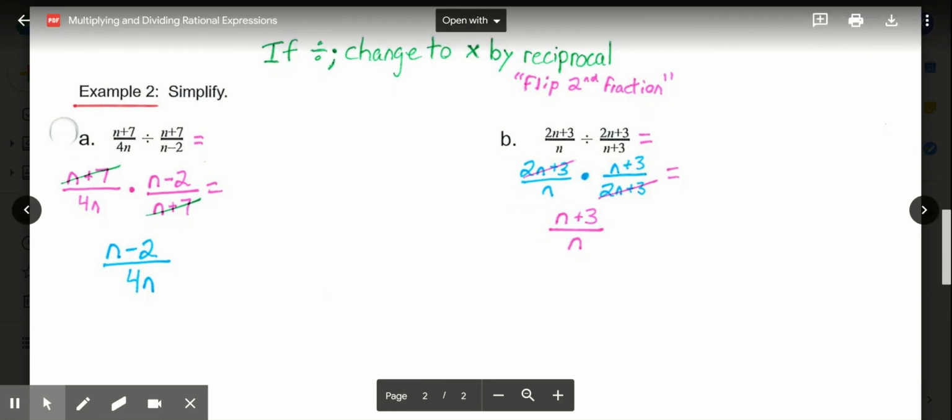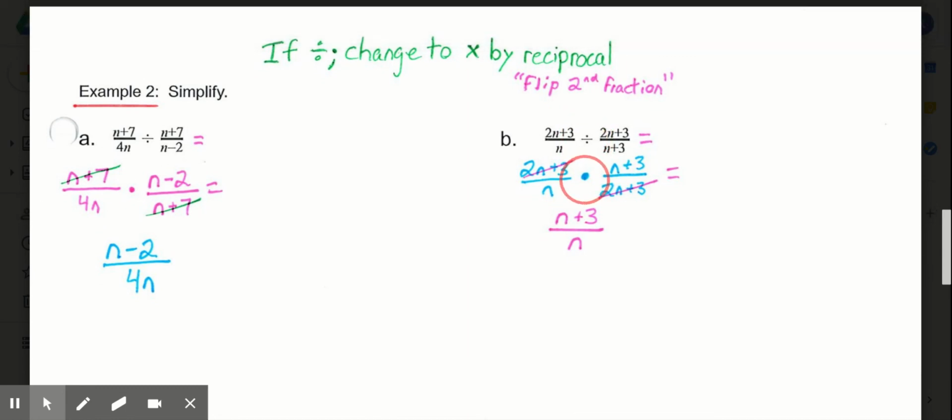In B, again, division problem, so change division to multiplication, flip our second fraction. So it becomes 2n plus 3 over n times n plus 3 over 2n plus 3. The 2n plus 3 cancel, so we're left with n plus 3 over n.